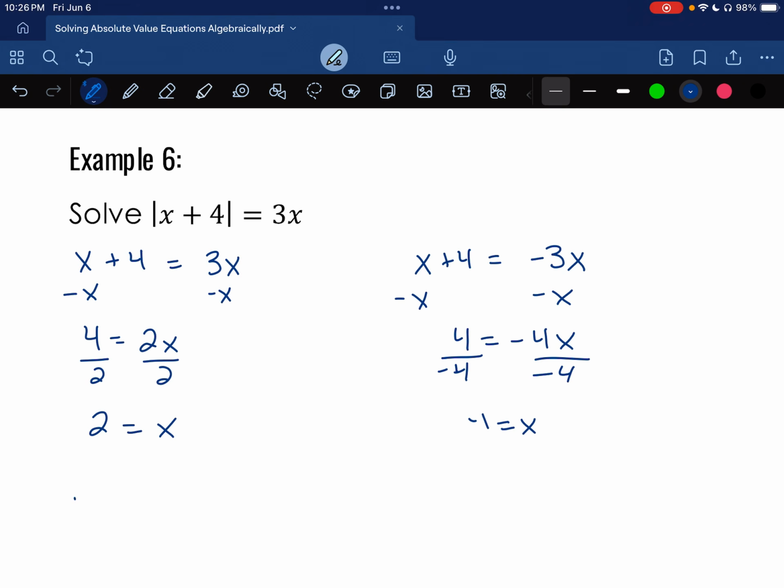All right. Now I'm going to check my work, so I'm going to plug it back in. Notice right now we're plugging it in on the right hand and the left hand side since there's an x over there as well.